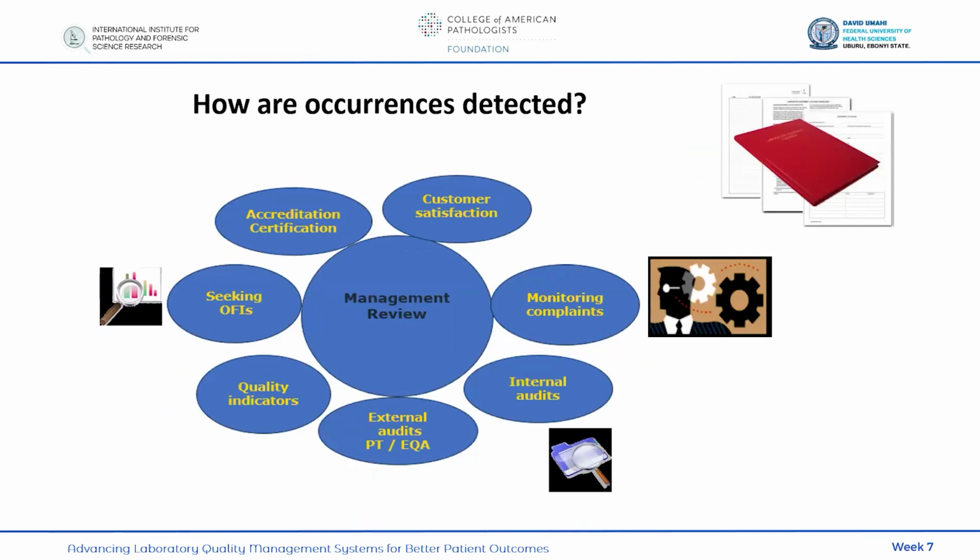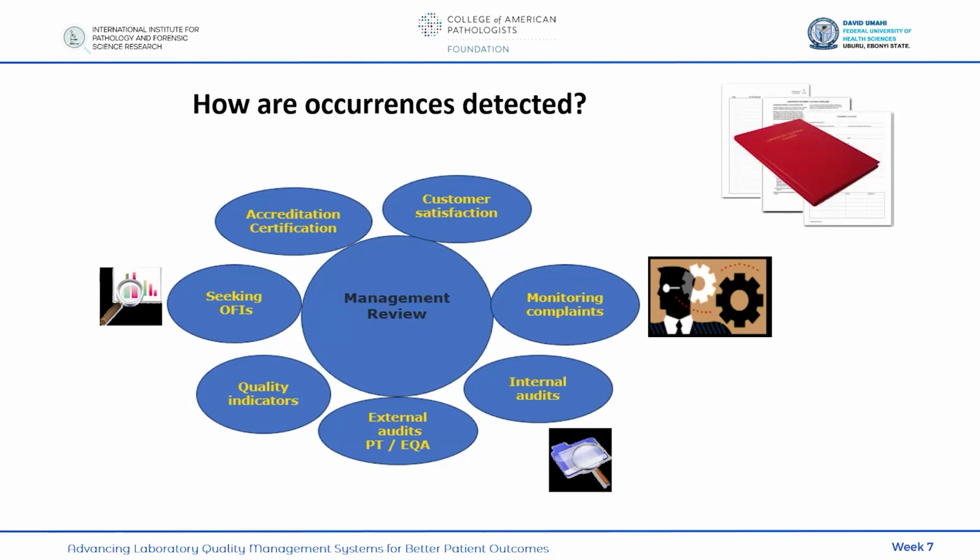Okay, so how are occurrences detected? Occurrences are detected overall in management review, but it's not just management review, but what is management reviewing? Occurrence management involves giving responsibility to somebody. There must be somebody responsible for directing how this whole thing takes place.